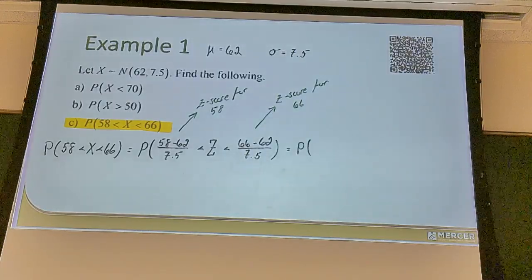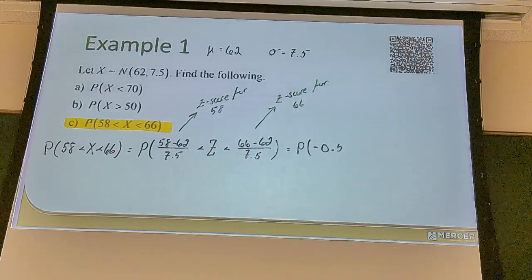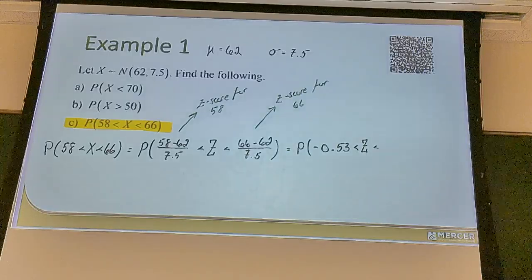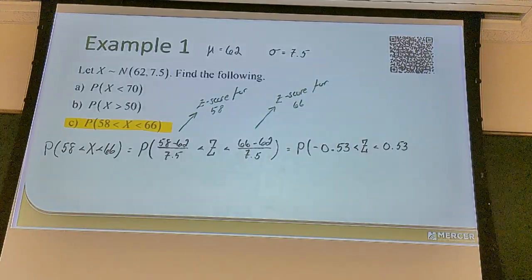What do you get for 58 as the z-score? Negative 0.53. And what is it for 66? 0.53, yeah.